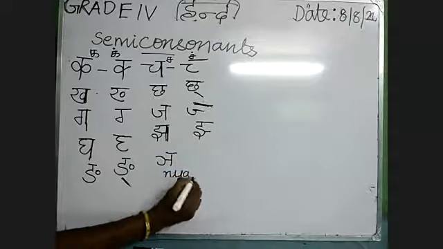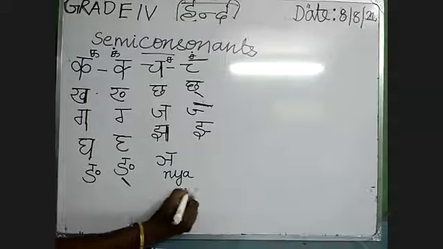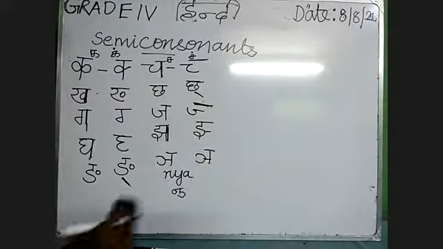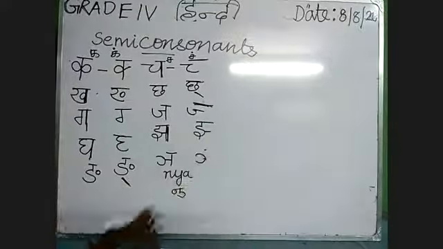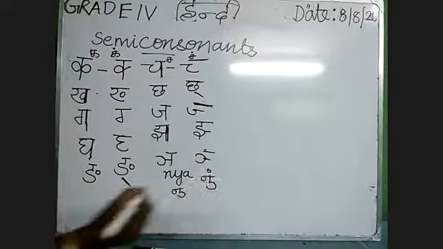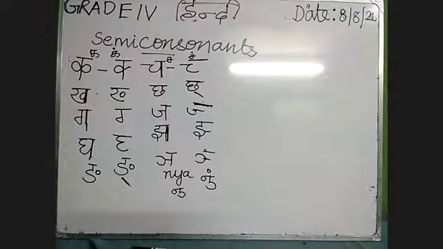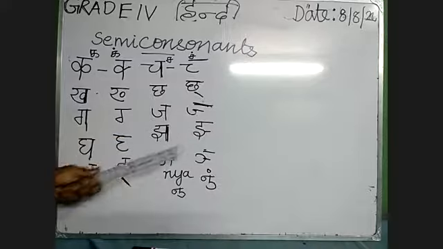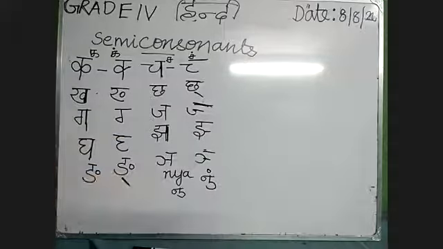If you remove the line, it becomes its semi-consonant inch. Cha, ich, ja, ij, nya, inch.